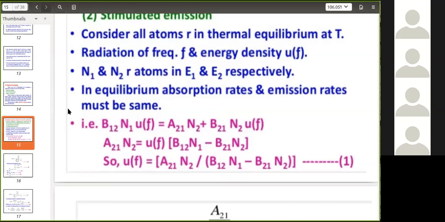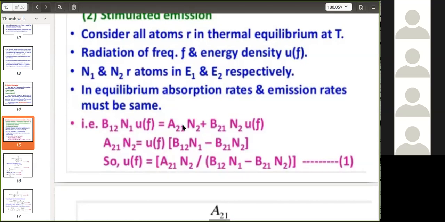Yes ma'am. So we got, on the left hand side we have the rate of absorption. On the right hand side we have the rate of emission. The rate of absorption was given by B1 to N1 into the energy density UF, where on the right hand side we have two parts.